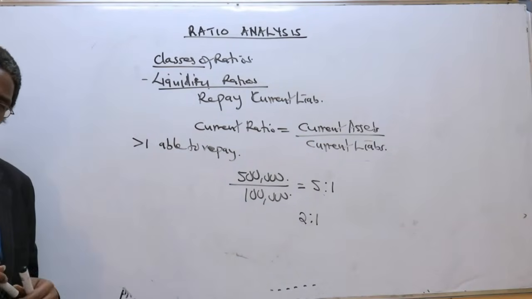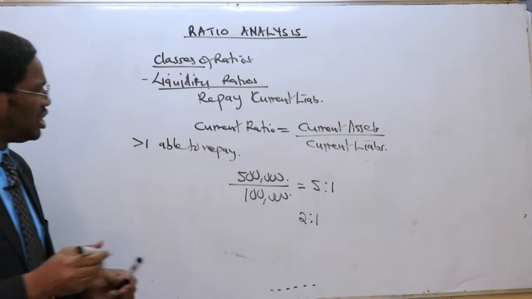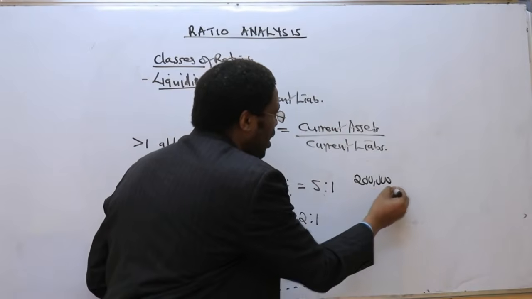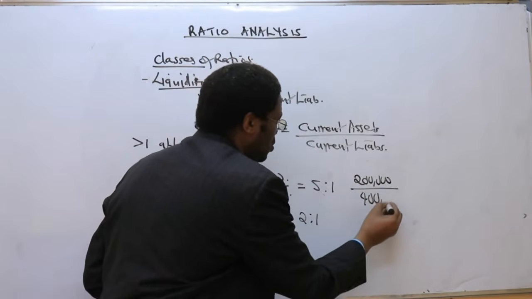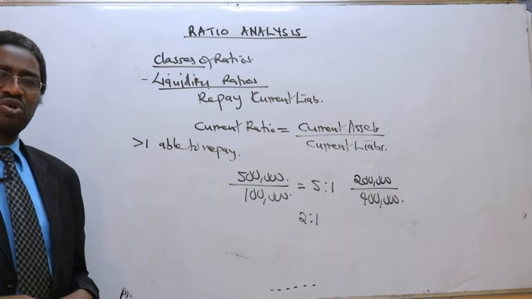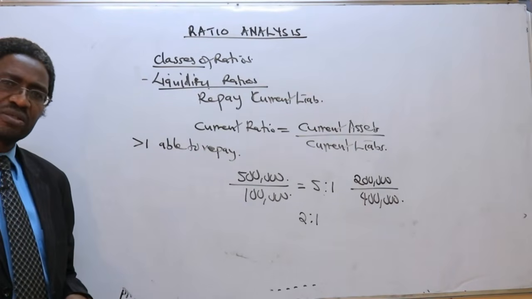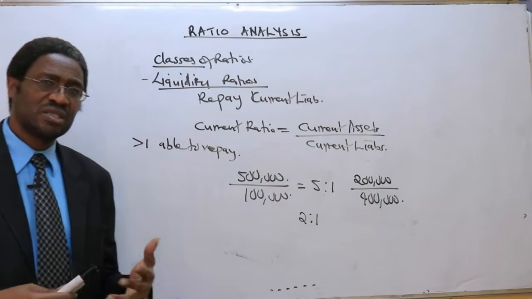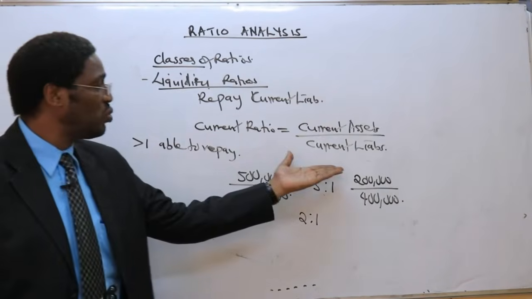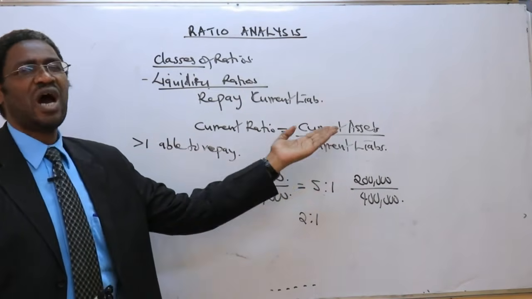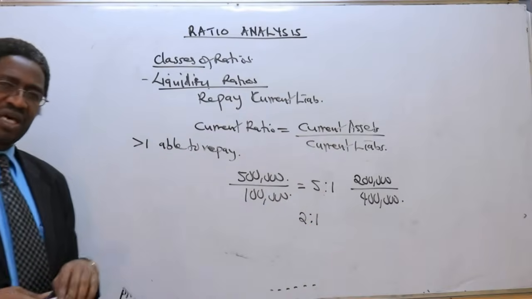What if our current assets were 200,000 while the current liabilities were 400,000? Will your firm be able to repay its current liabilities? The answer is no, because we can see our current assets are half as much as current liabilities.